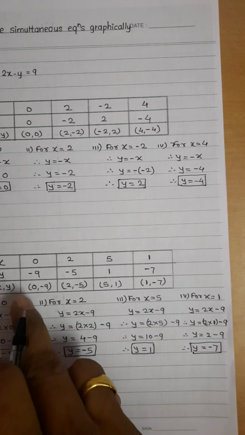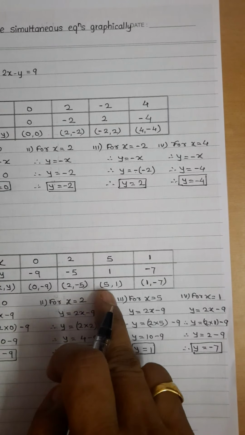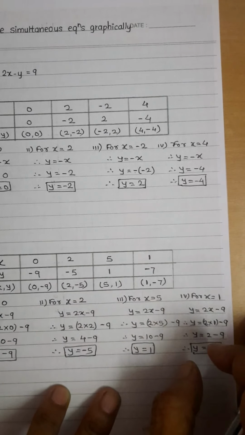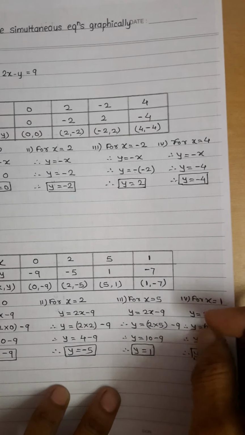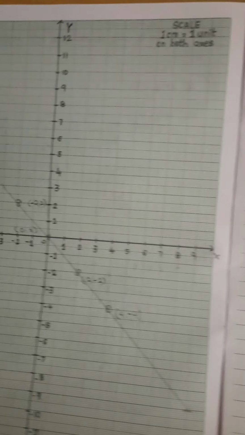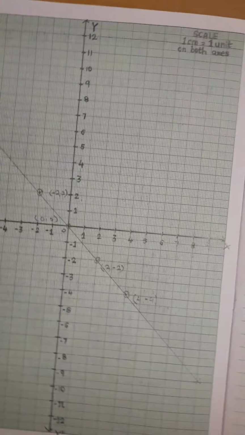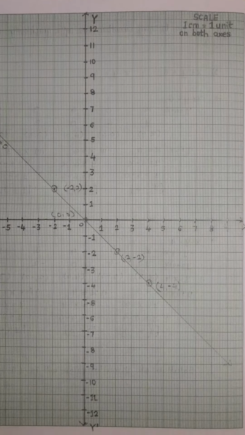Now we have 4 ordered pairs. All these 4 ordered pairs we have to plot on a graph paper, the same graph paper.